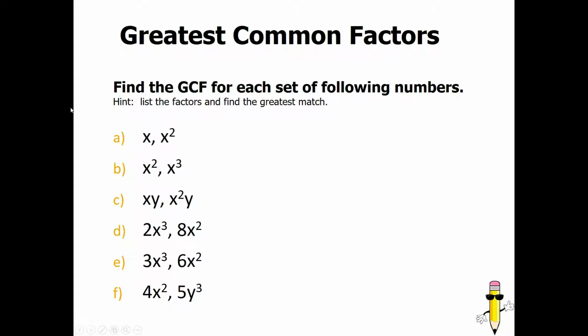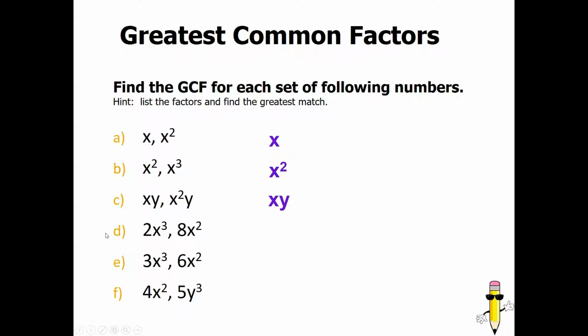So greatest common factors, we're going to look at this with variables, and the reason that we're doing this with variables is because you're going to be doing this a lot with binomials and trinomials. So we'll take a look at letter A, and it says x and x squared, what do they have in common? X. Number 2, what do they have in common? X squared. And then we'll take a look at C, what do they have in common?